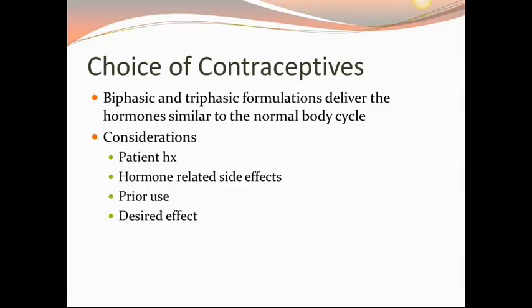Biphasic and triphasic formulas deliver the hormone similar to the normal body cycle, so these are the most commonly prescribed medications for contraceptives. We oftentimes will consider patient history, hormone-related side effects, prior use, and what the desired effect is.